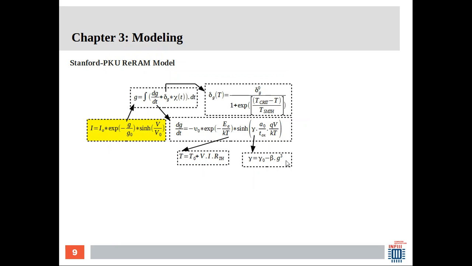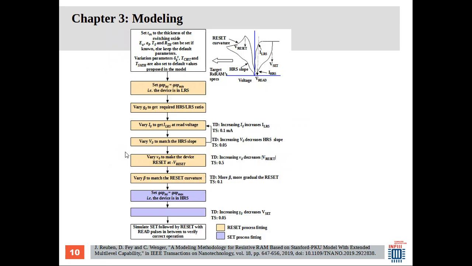So this is the basic skeleton. The current through the device is expressed as a sine hyperbolic function of the voltage across the device. This exponential term implements a sudden increase or decrease in current. But what this chapter discusses is, given a ReRAM specification, how to tune the parameters of this model to mimic it. Because different ReRAM manufacturers' devices have different characteristics.